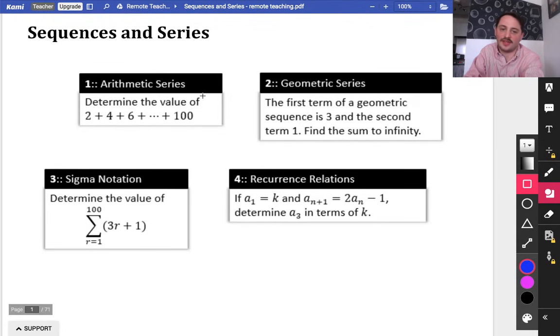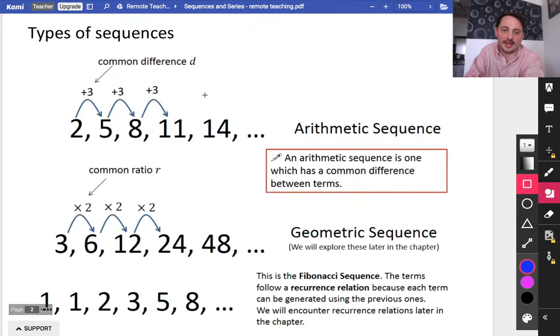So we're going to start off with arithmetic series. But before we talk about a series, we're going to talk about different types of sequences generally, okay? So the first type of sequence that you'll have come across from GCSE is an arithmetic sequence. So we have something that looks like this, that goes 2, 5, 8, 11, 14, and you can clearly see in this sequence, each time it is going up 3.